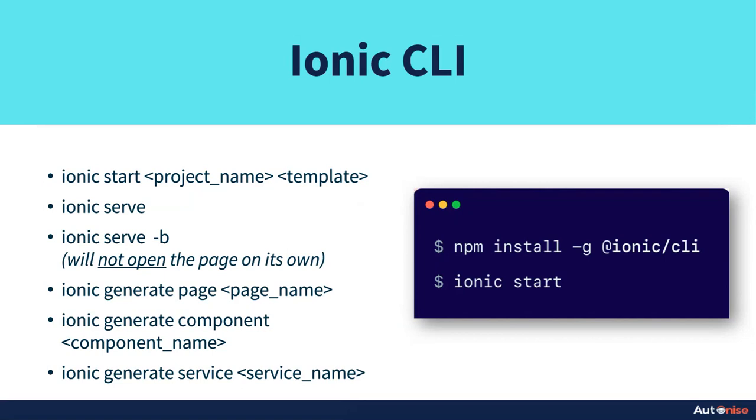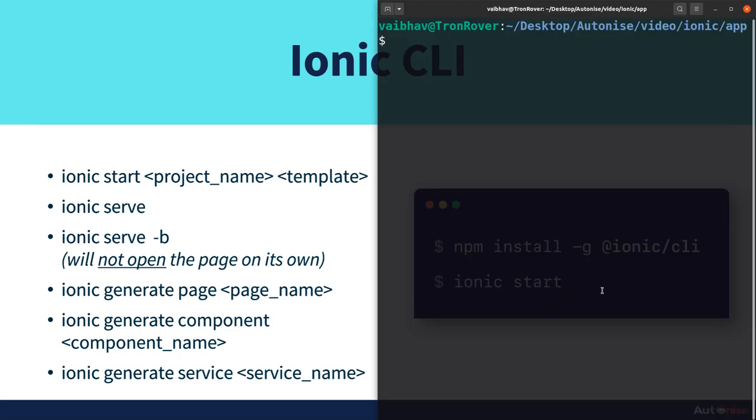These are the command lines which we'll be using over the period of videos, and as you can see, these are quite similar to what we used using Angular CLI. I'll open a new tab now, and there we'll see how we can create a new Ionic project.